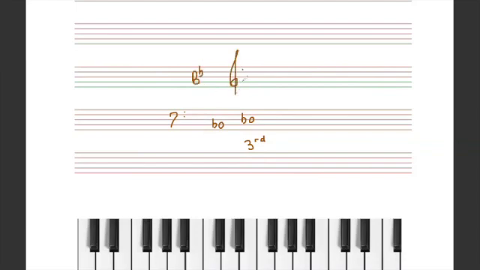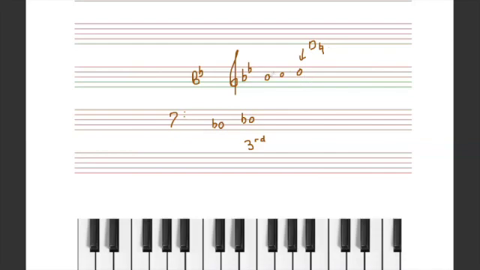I'm going to do some rough work here. B flat major has 2 flats, B flat and E flat. And if I write it out, the third note of B flat major is a D natural. And that would give us a major third, because in major scales we always get major intervals and perfect intervals. Major seconds, thirds, sixths and sevenths, perfect fourths, fifths and octaves, eighths.